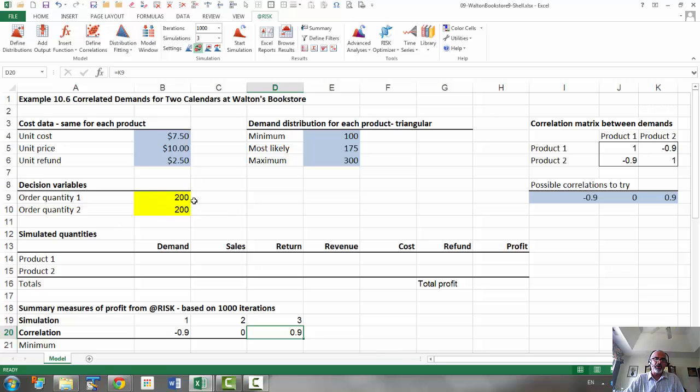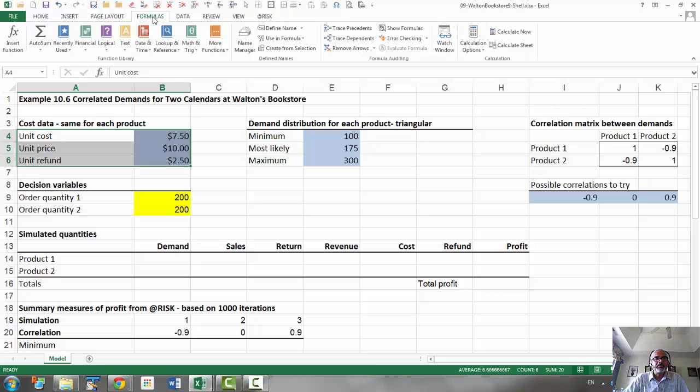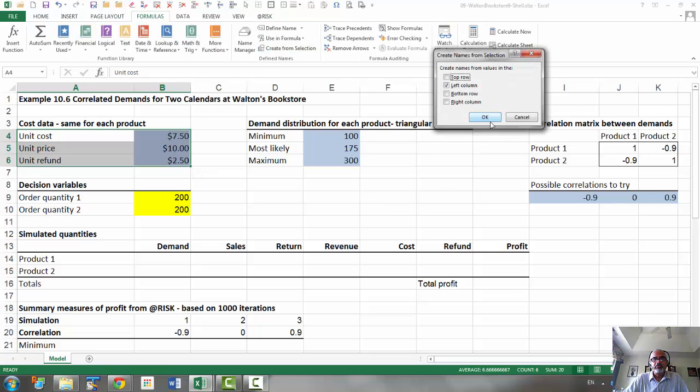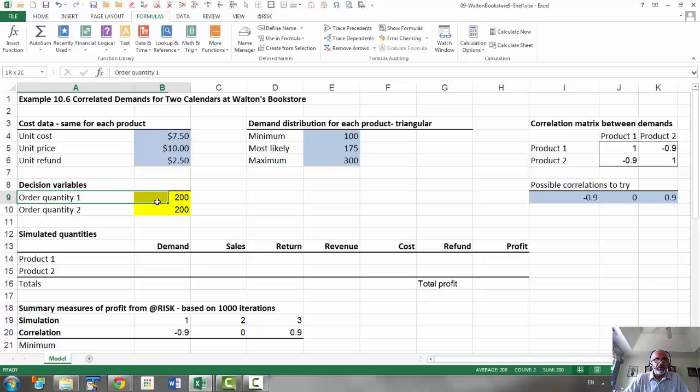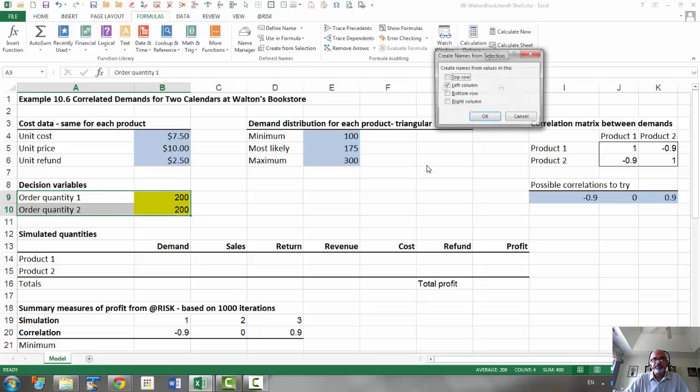Let's assume that we're going to order 200 of the first calendar, 200 of the second calendar. So let's give names here: order quantity 1 and order quantity 2.